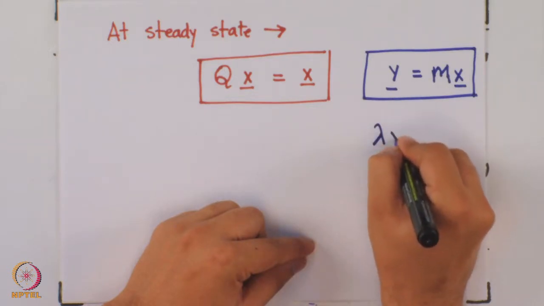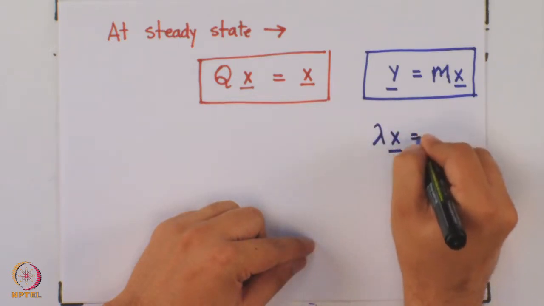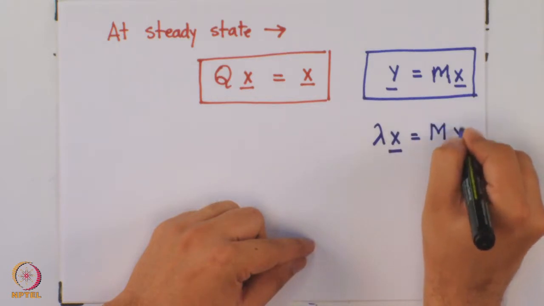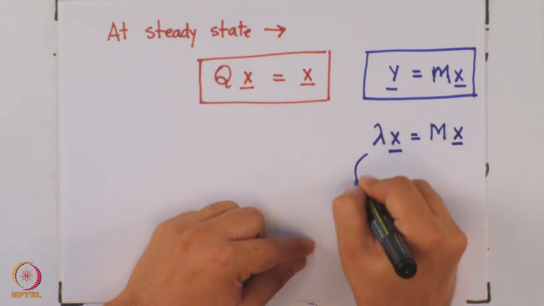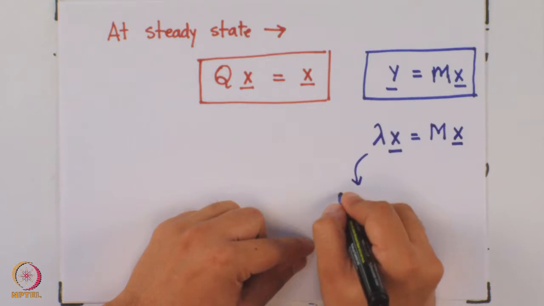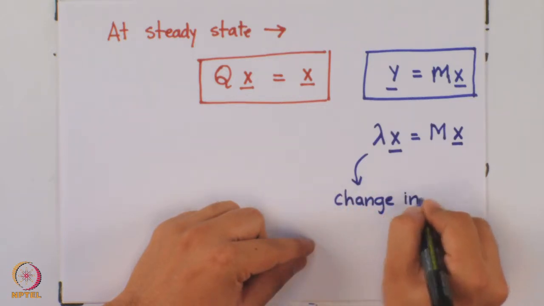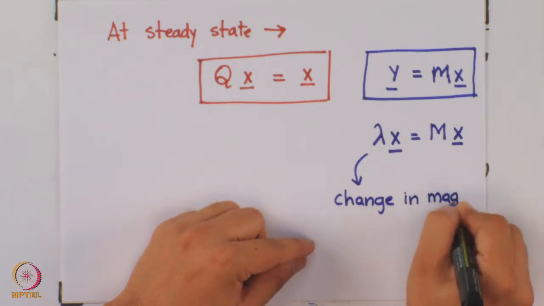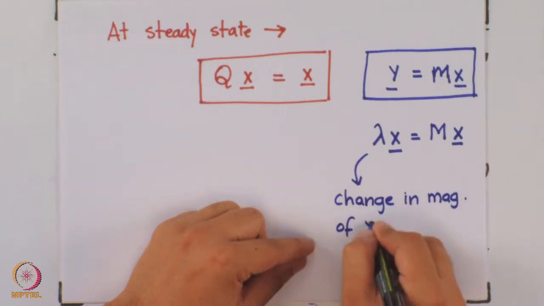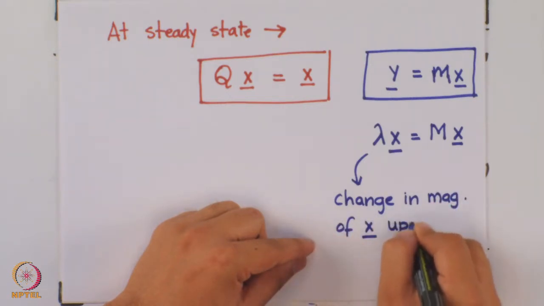This can be written as lambda times x equals Mx, where lambda is the change in magnitude of x upon multiplication with M.